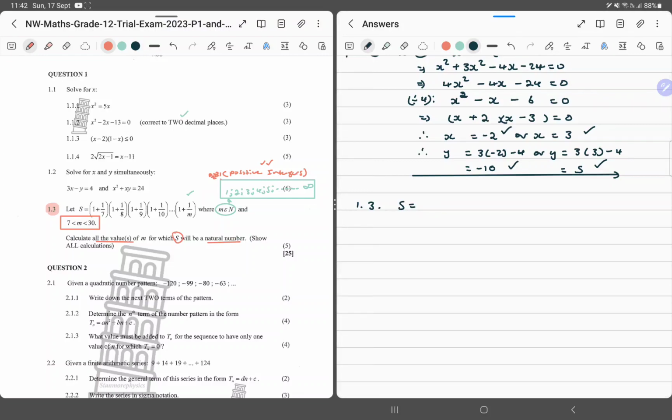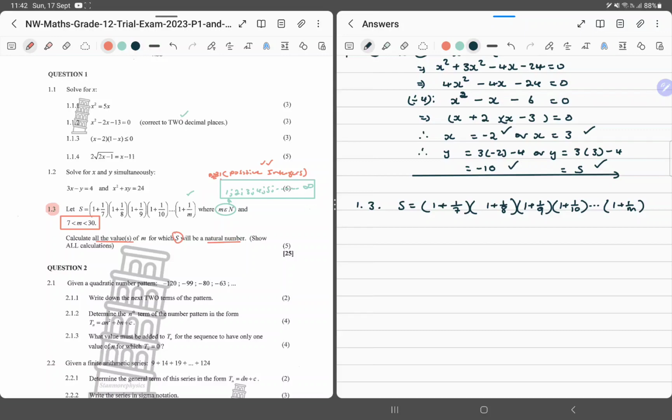We know S is equal to 1 plus 1 over 7 multiplied by 1 plus 1 over 8 multiplied by 1 plus 1 over 9 multiplied by 1 plus 1 over 10. This goes on until 1 plus 1 over m. Okay, that's not a problem.